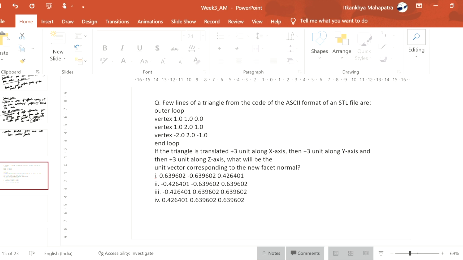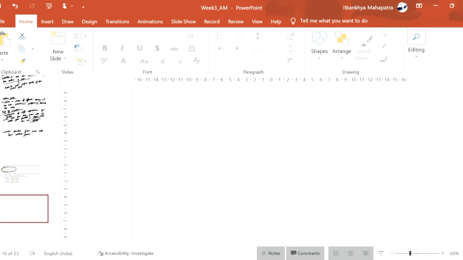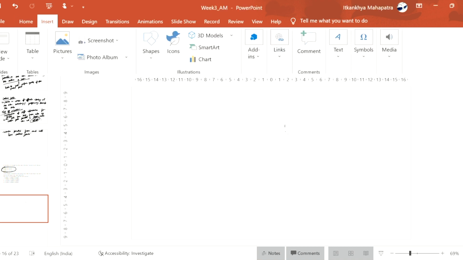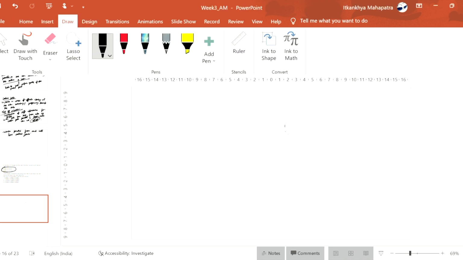Now we will take these vertices and start solving the question. According to the question, we have the triangle whose vertices are P1, P2, P3.